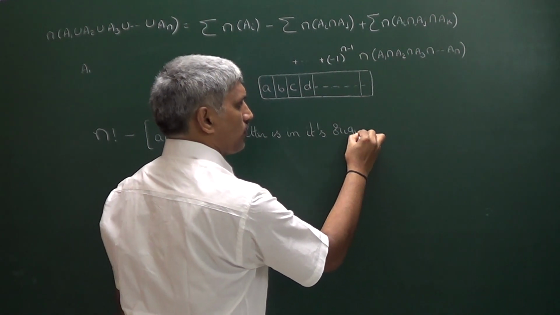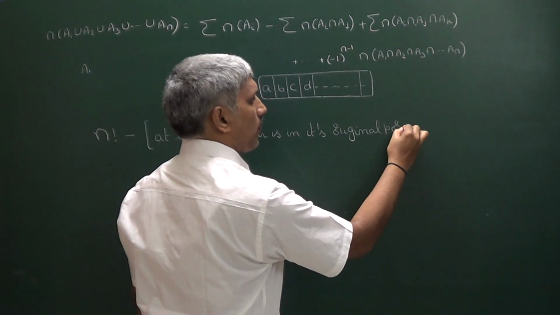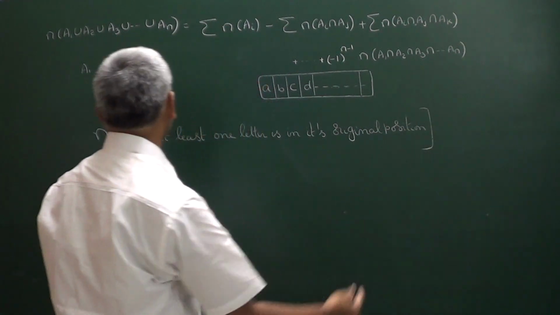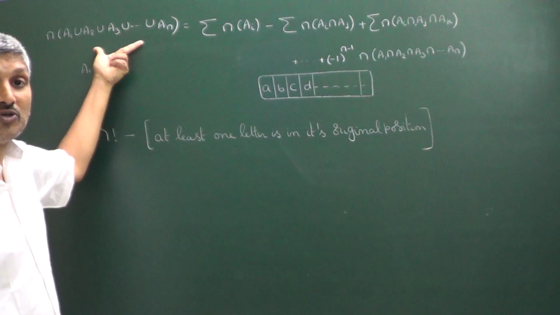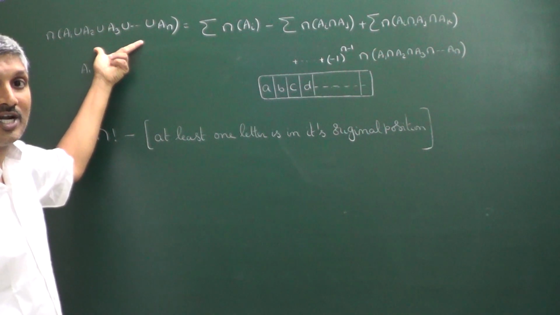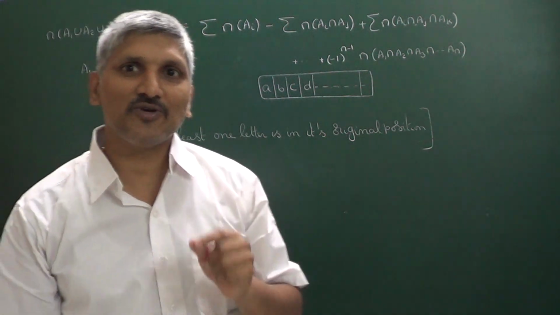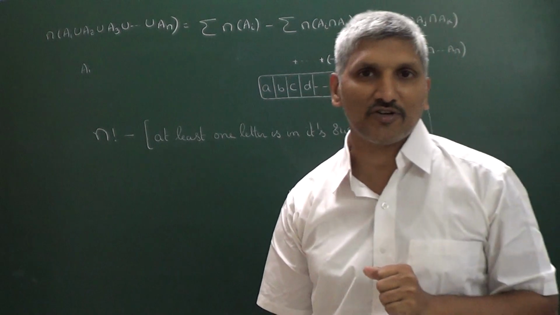At least one letter in its original position means we have to find the number of elements in A1 union A2 union A3 and so on up to An.